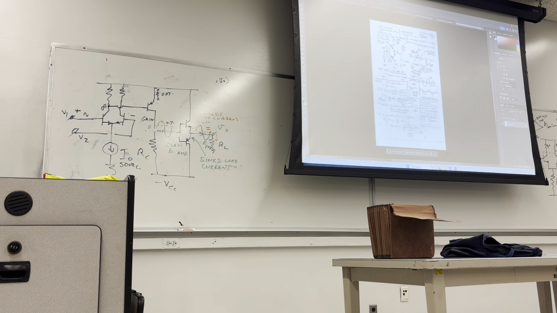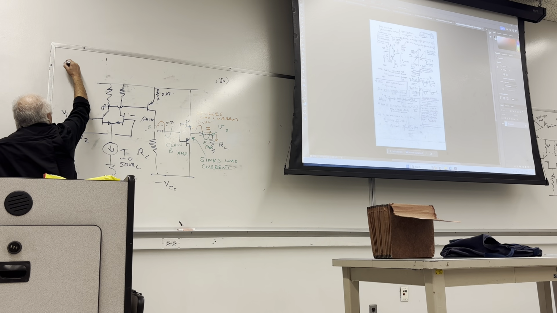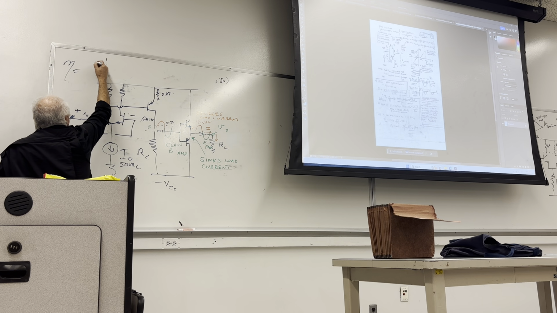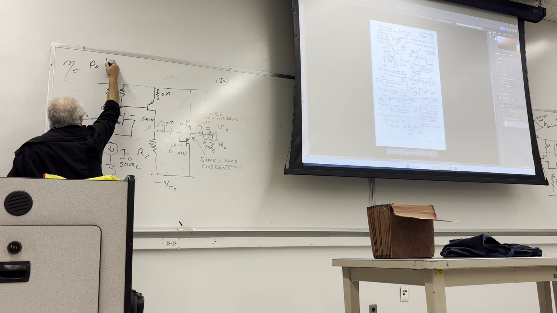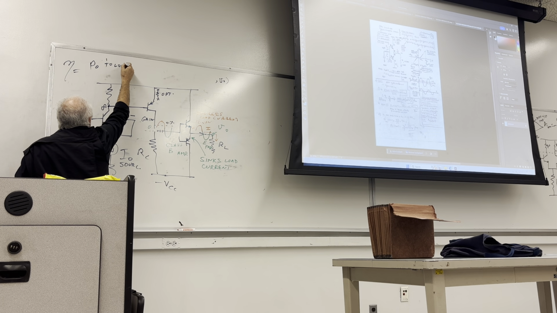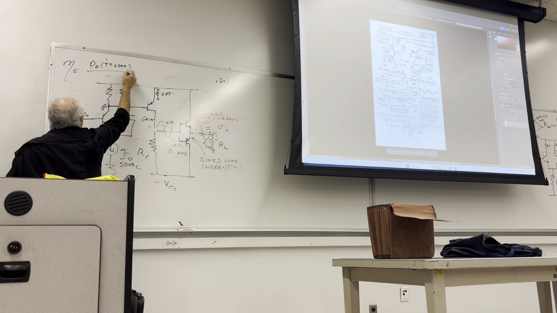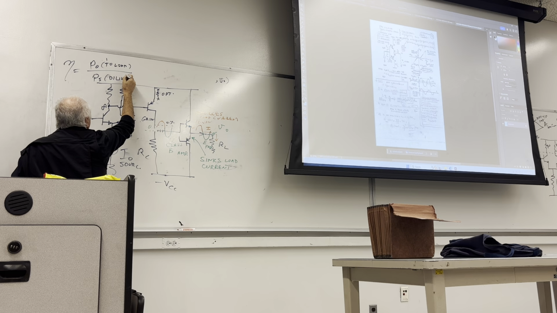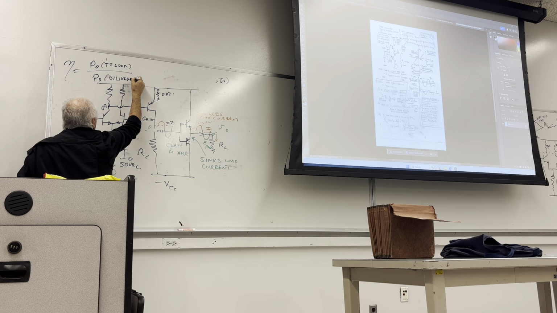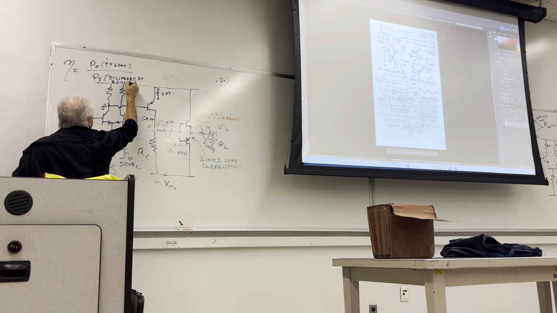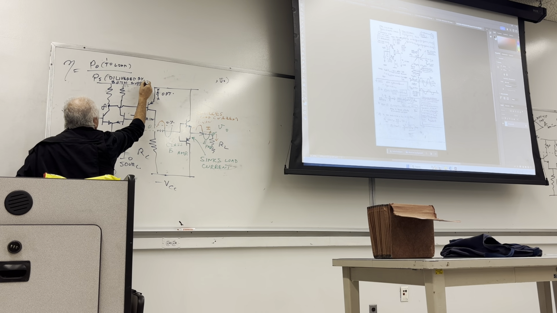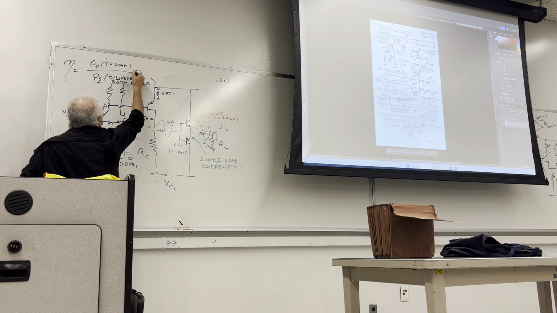The formula for that is eta, which is P to load divided by PS delivered by both supplies, combination of them, times 100%.